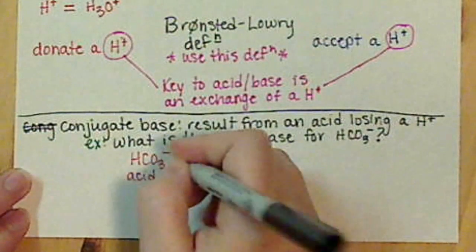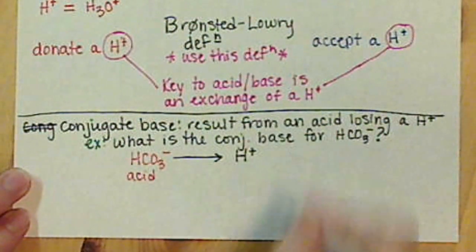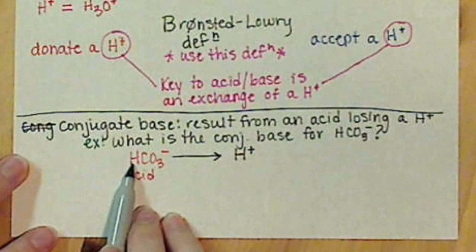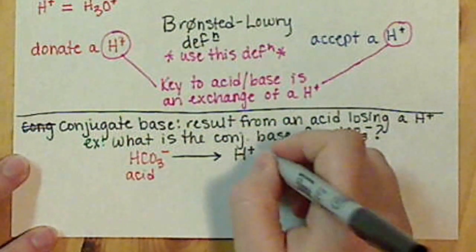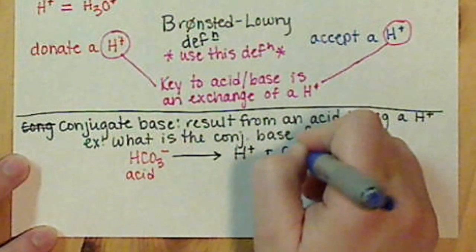So our acid here is going to lose a proton, so it's going to remove that hydrogen out front, which means what we are left with is CO3.